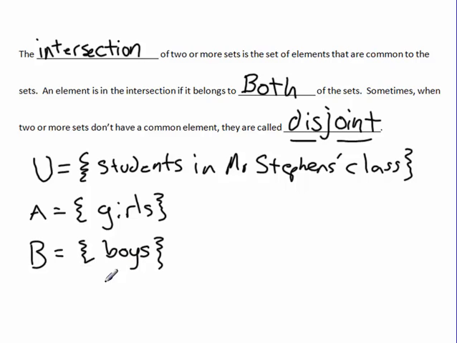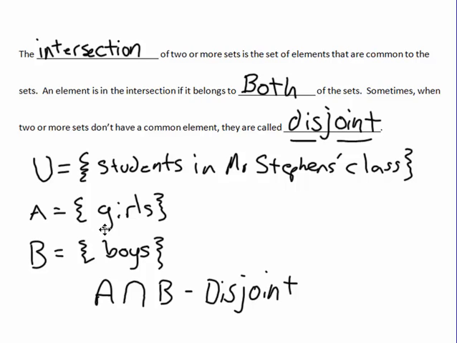In this instance, A intersection B. Notice how the intersection is an upside down U. This stands for intersection. And we'll jot that down here in a minute. But A intersection B, this would be disjoint. Because there's no person in Mr. Stevens' class that would be a part of A and B at the same time. That would never work.